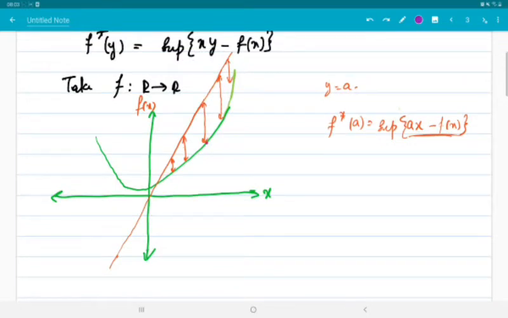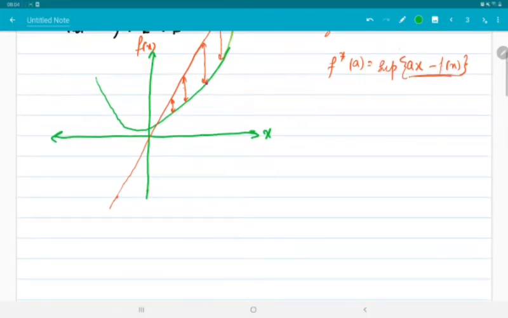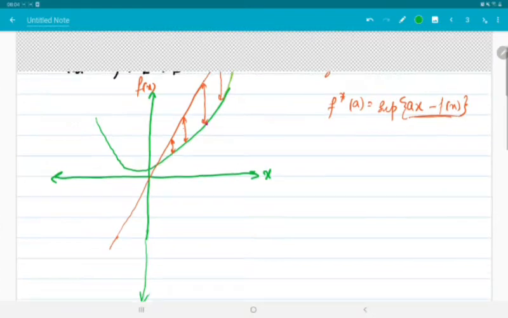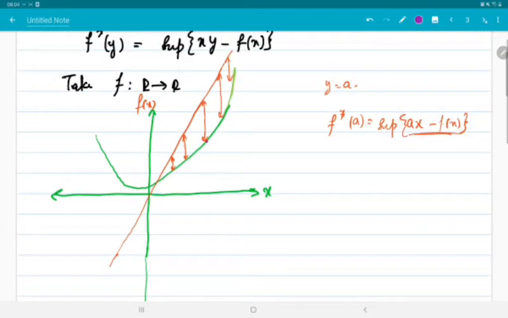Now with this point, I extend this line a little bit. This is the offset that I'm interested in, which is the supremum.